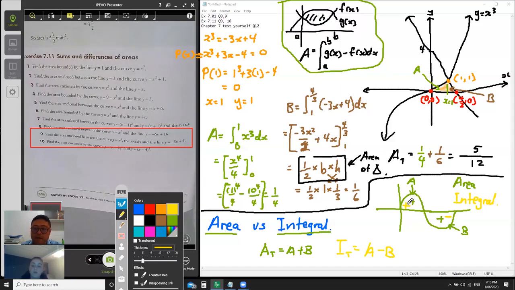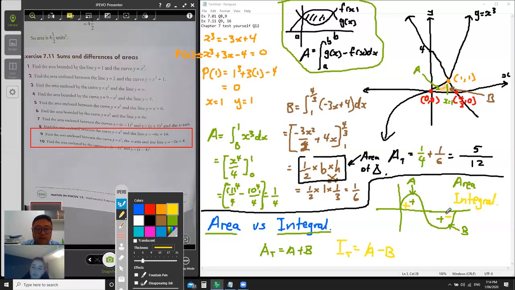Now, if this was a sine graph, or it doesn't have to be a sine graph, but a graph where the area above was equal to the area below, what would the integral be? 0. What would the area be? 2A. Does that make sense? So oftentimes you need to read the question carefully to see whether they're asking you to find the area or the integral.